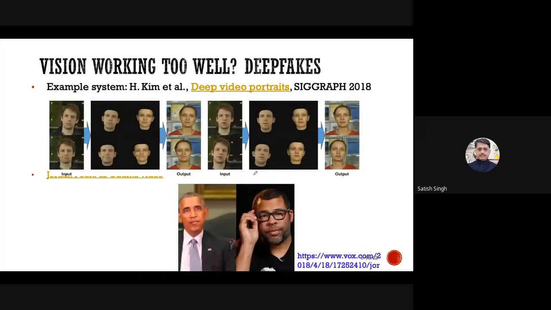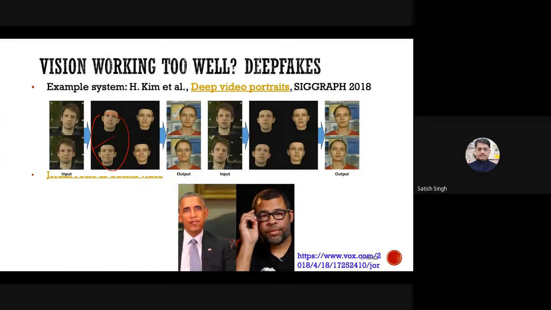Here you can observe the input: these expressions of a man are the input. These were captured, and these are the outputs. This female was there, but these expressions were transformed, and actions similar to this man's were generated for this female.